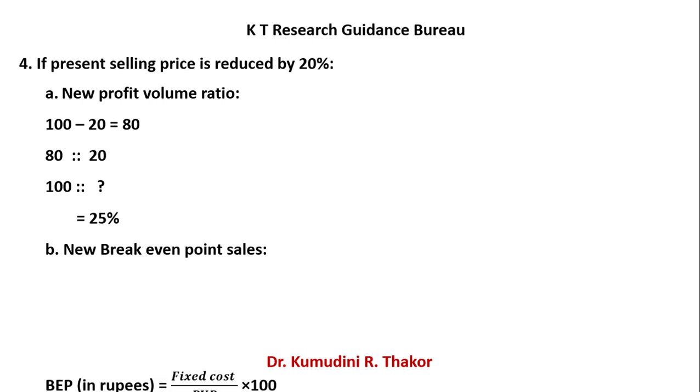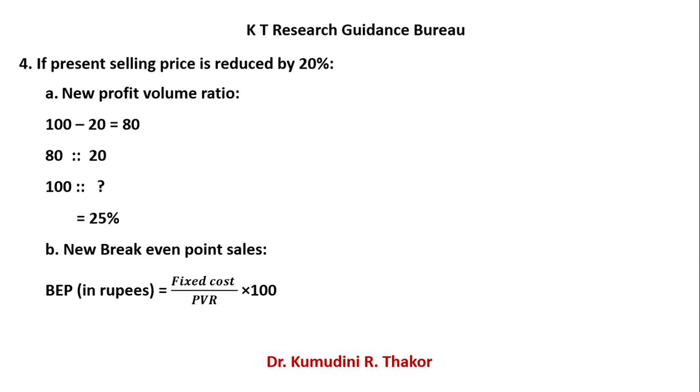Now B, the new break-even point sales. You know the formula for that. BEP is equal to fixed cost by PV ratio into 100. Fixed cost you know, that is 32,000, and your PV ratio you found out, that is 25. 32,000 by 25 into 100 is equal to 1,28,000.